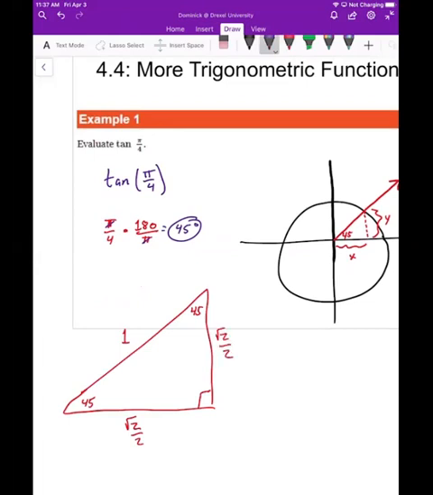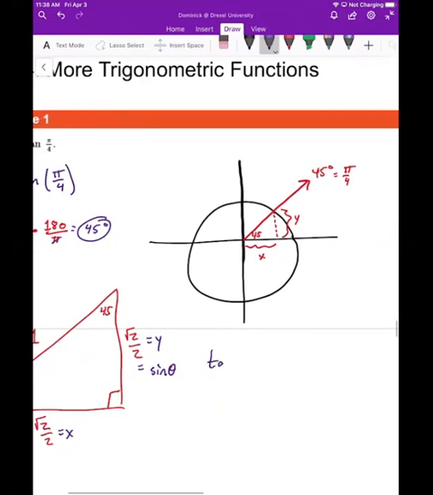All right, so this is like my y value, and this is like my x value, or again, you could think of this as your cosine of theta, and this is like sine of theta. Well, again, tangent of pi over 4 is sine of pi over 4 over cosine of pi over 4.